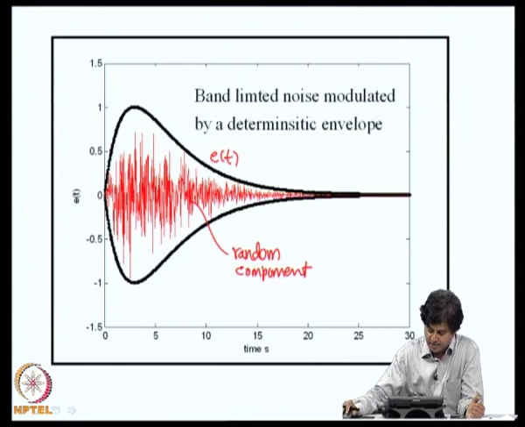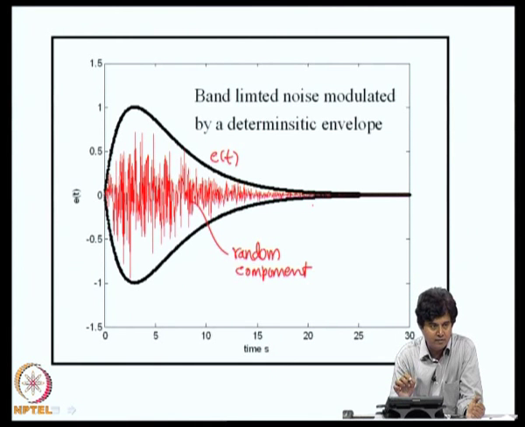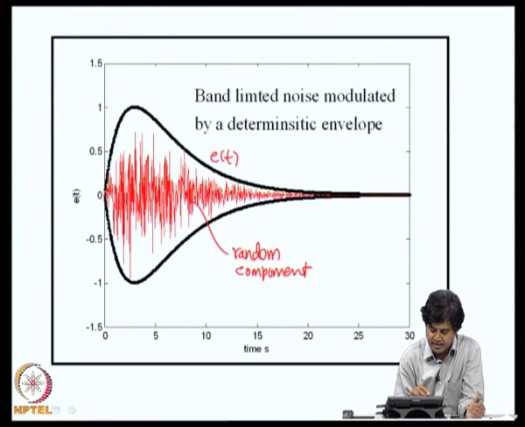This actually, strictly speaking, does not correspond to f of t being a white noise, because white noise has unbounded variance and it is not physically realizable. So, what is shown in red here can be viewed as a band limited noise where the bandwidth is sufficiently large and therefore, we can notionally represent that. So, in any case the excitation looks like this red curve.